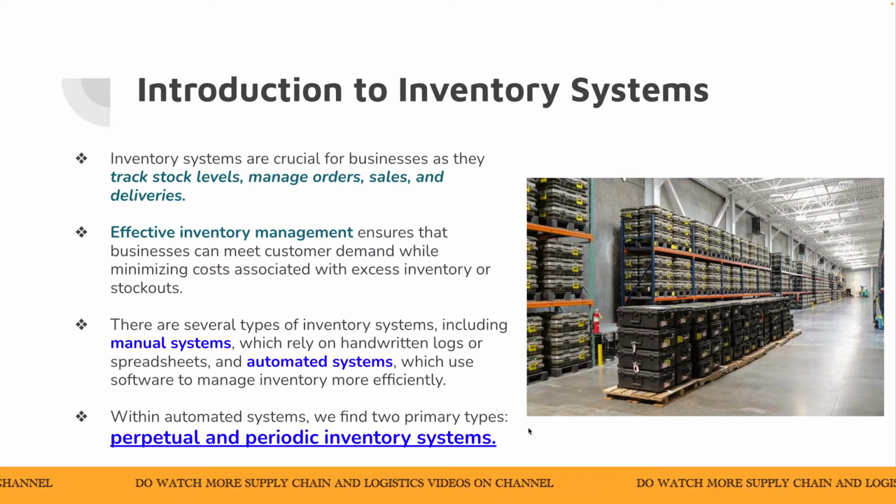You are dealing with multiple clients, multiple customers at once, so you don't know how much inventory is remaining in your warehouse. At that point of time you need real-time inventory as well, which can be facilitated by an automated system.